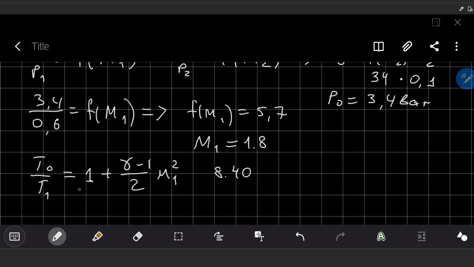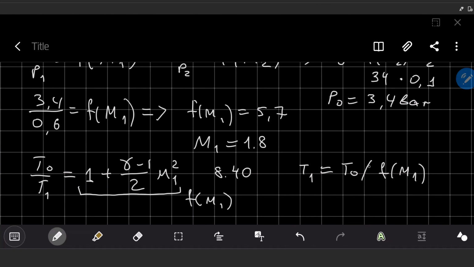I will use all this right part of the equation just as a function of Mach number 1, just to simplify, to make the written part more compact. So in my case, let's see, our T1 would be equal to T0 divided by this function of Mach number 1 from equation 840.